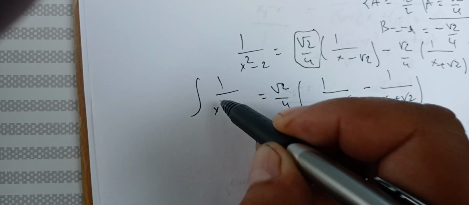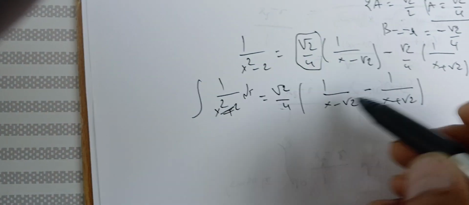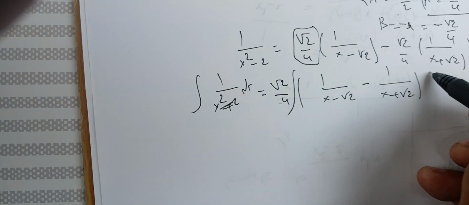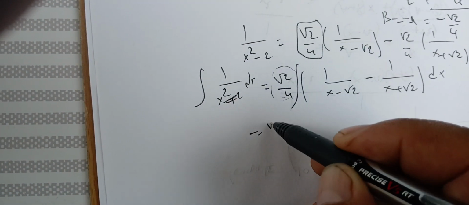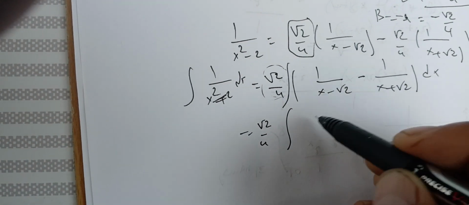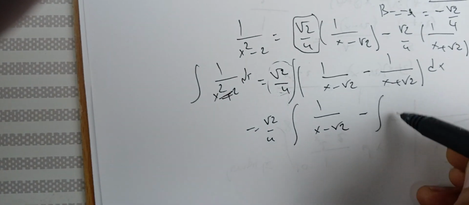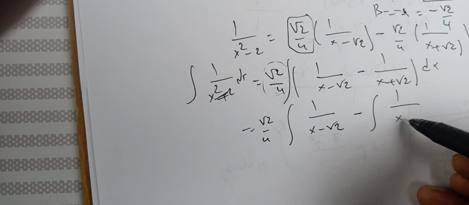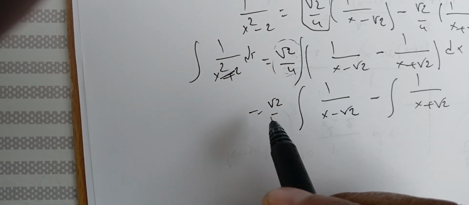Now I can integrate 1 over x squared minus 2 dx. So first, I keep this one as a constant, square root of 2 over 4, and using linearity, I can write this one as the integral of 1 over x minus square root of 2 minus 1 over x plus square root of 2. And now a primitive of this one, okay?